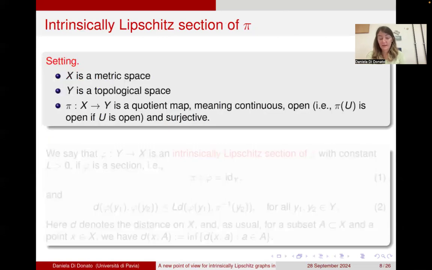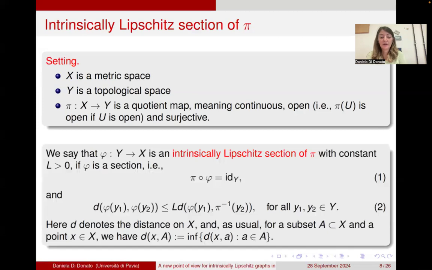What is our setting? We consider X a metric space, so you have a set and a distance. Y is a topological space, so you have a set and a topology. And we consider pi from X to Y a quotient map, meaning continuous, open, and surjective.